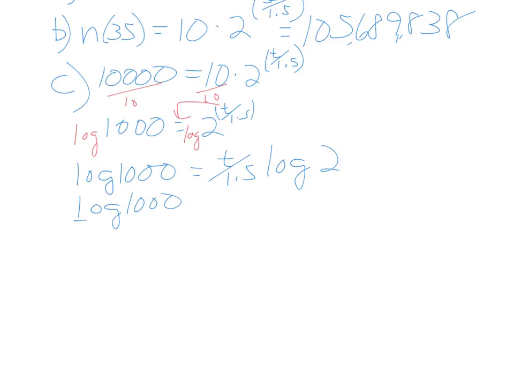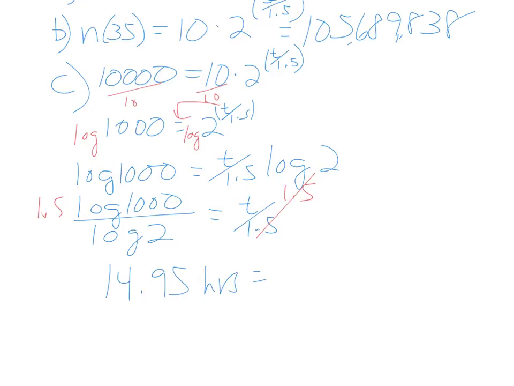And don't put anything in your calculator until you have t by itself. And then finally we would need to multiply both sides by 1.5. So what we're putting in the calculator is 1.5 times the log of 1,000 divided by the log of 2. And that comes out to be 14.95 hours.